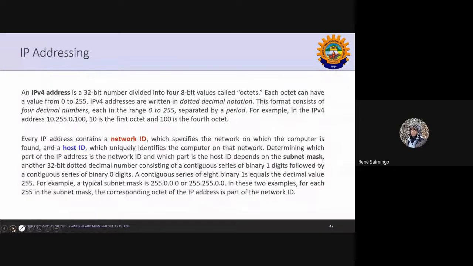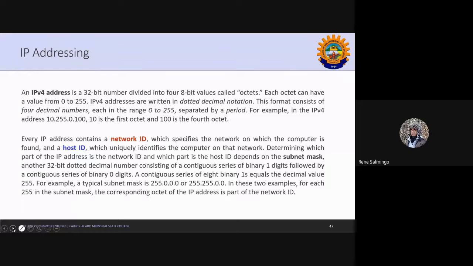Now for the IP addressing, we have IP version 4, which is a 32-bit number divided into 4 values we call octets. So each octet has a value from 0 to 255.